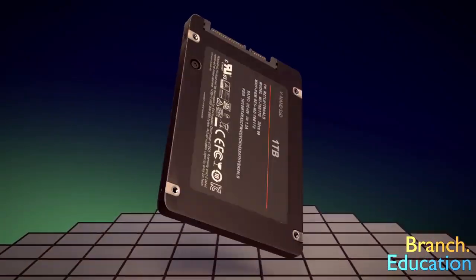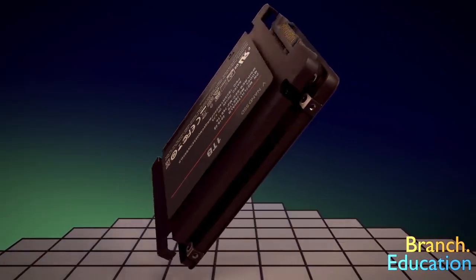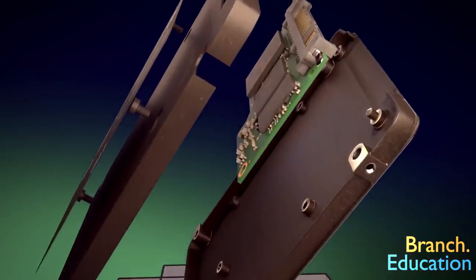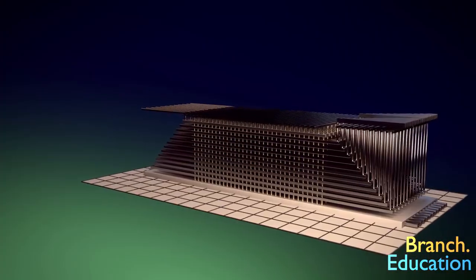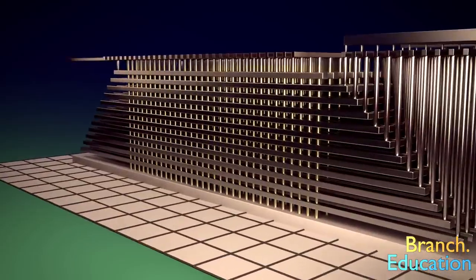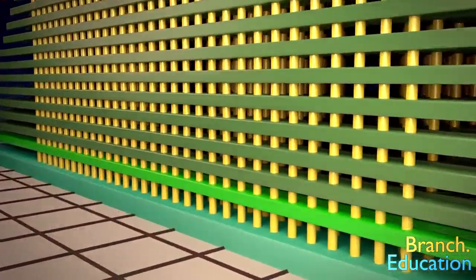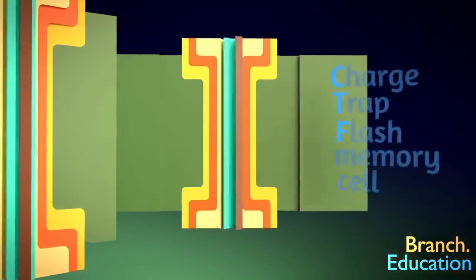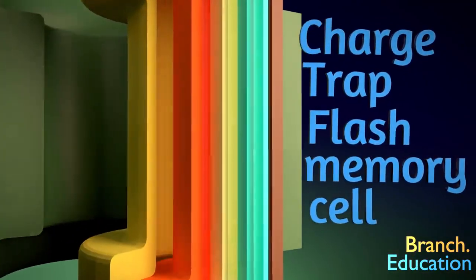Okay, so let's open up that solid-state drive again and zoom into a simplified, nanoscopic view, kind of like the one we had earlier. It's here that we can see the memory cells that are used in every single one of your smartphones or tablets, as well as inside the solid-state drive in your computer. This is the basic unit of a computer's long-term memory storage, and it's called charge-trap flash memory.